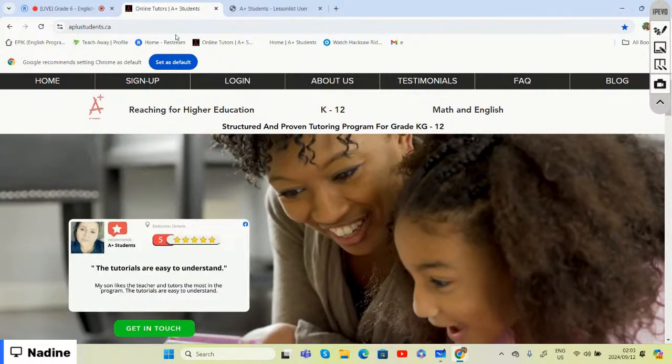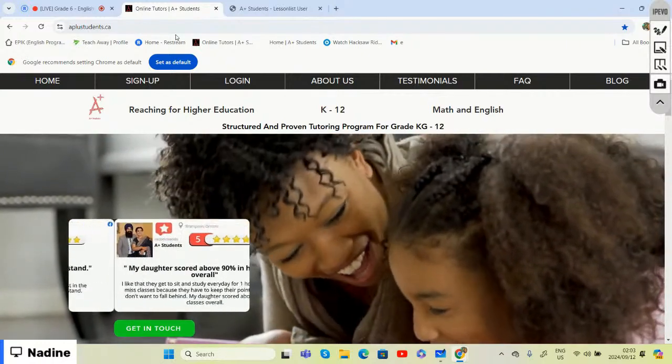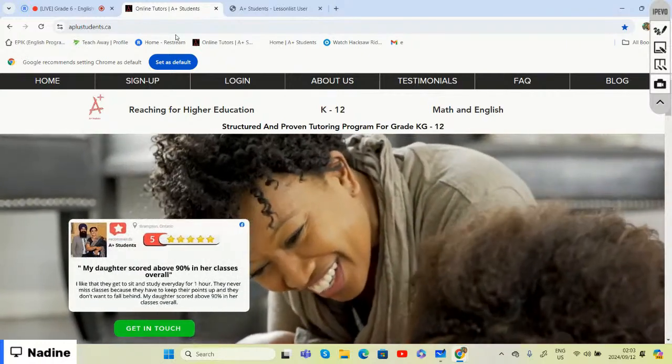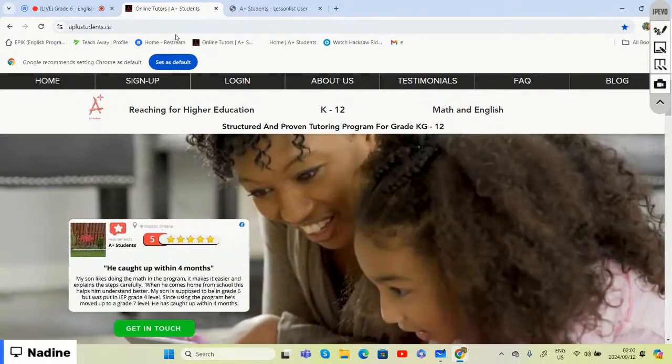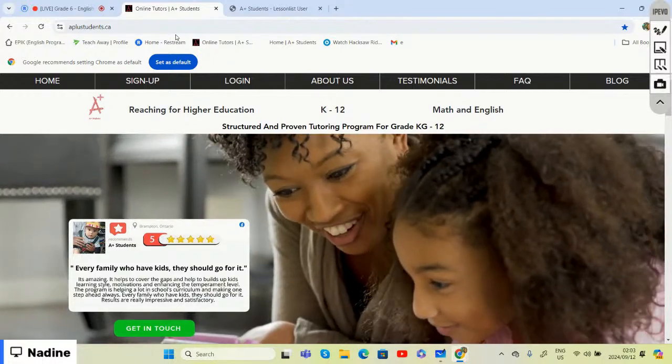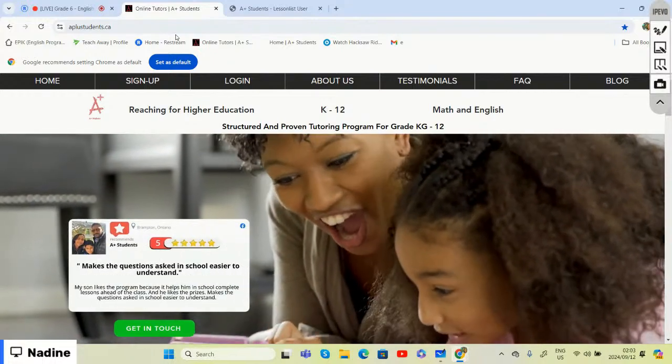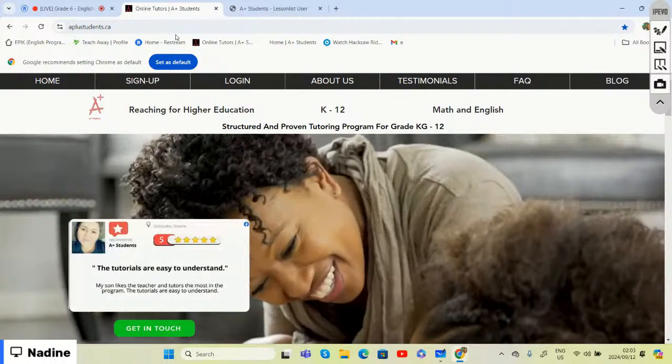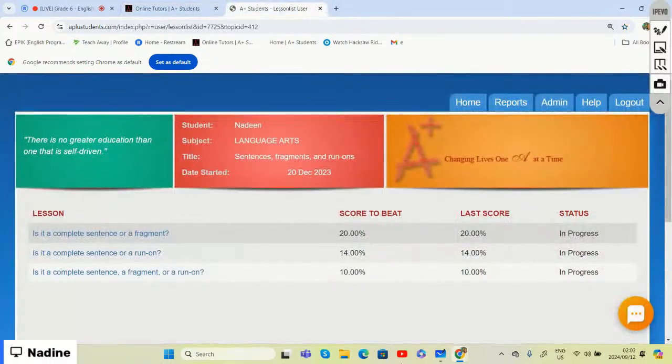We're doing grade 6. Then we're going to scroll down until we get to our chapter of sentences, fragments, and run-ons.